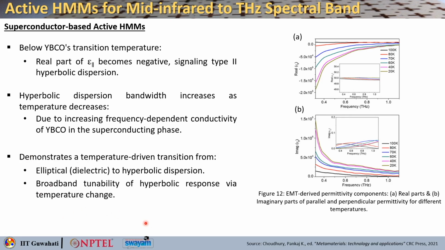Okay. So, this finally demonstrates that you have a temperature driven transition from elliptical, that is dielectric, to hyperbolic kind of dispersion, and you can have broadband tunability as seen here for hyperbolic response that is coming from temperature change, right.